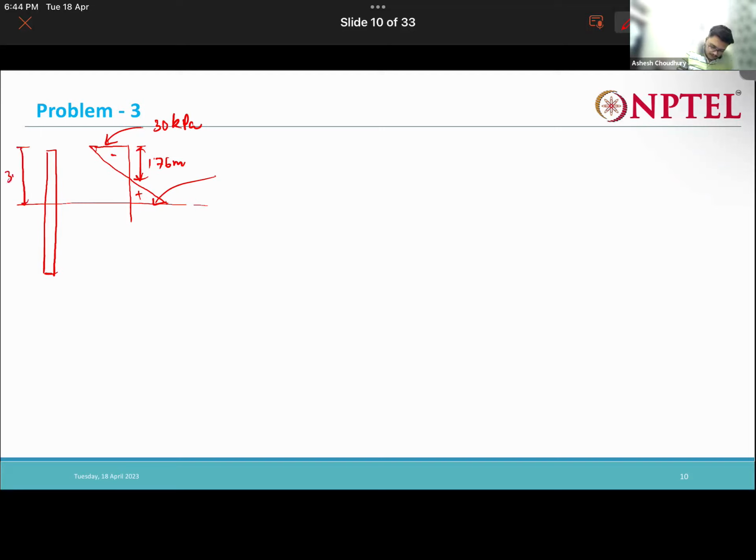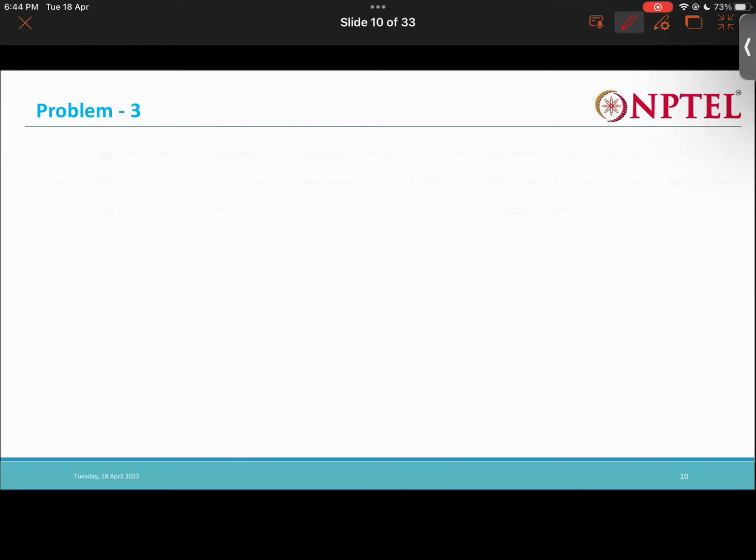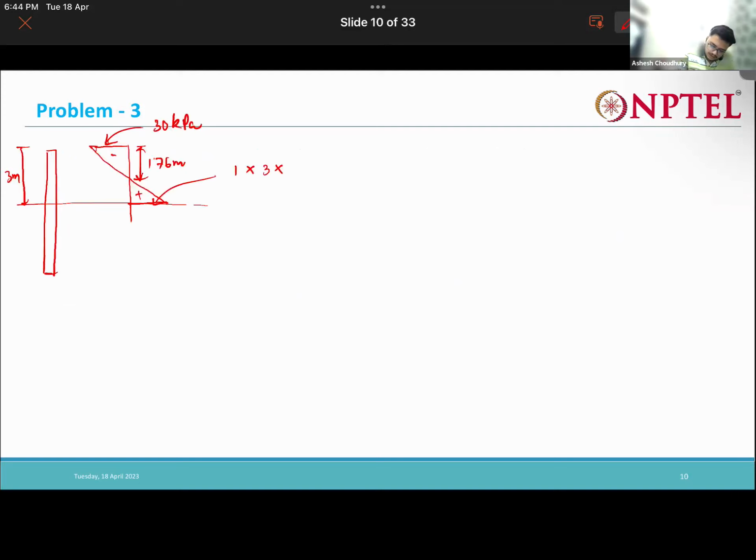So it is 1 into 3 into gamma 17 minus 30. 17 into 3 minus 30, that is 21. So this one is 21 kPa. Okay. Now let us come to the lower portion.